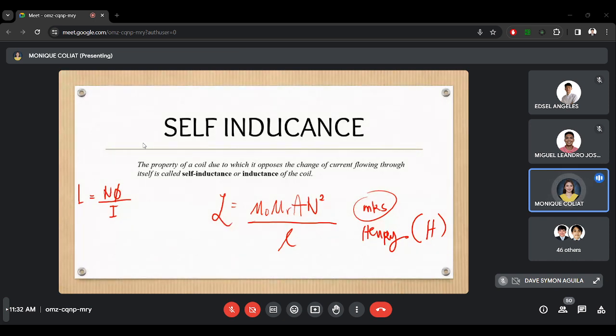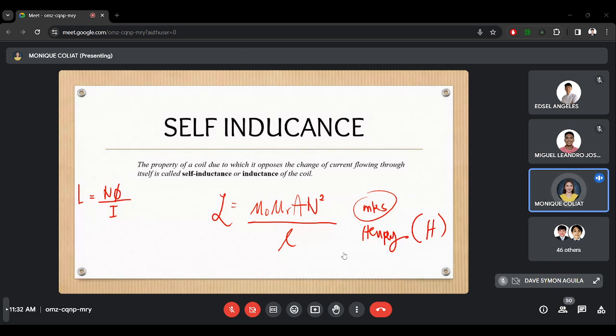Then, what else? There are still many more. Please add these formulas to your formula book.